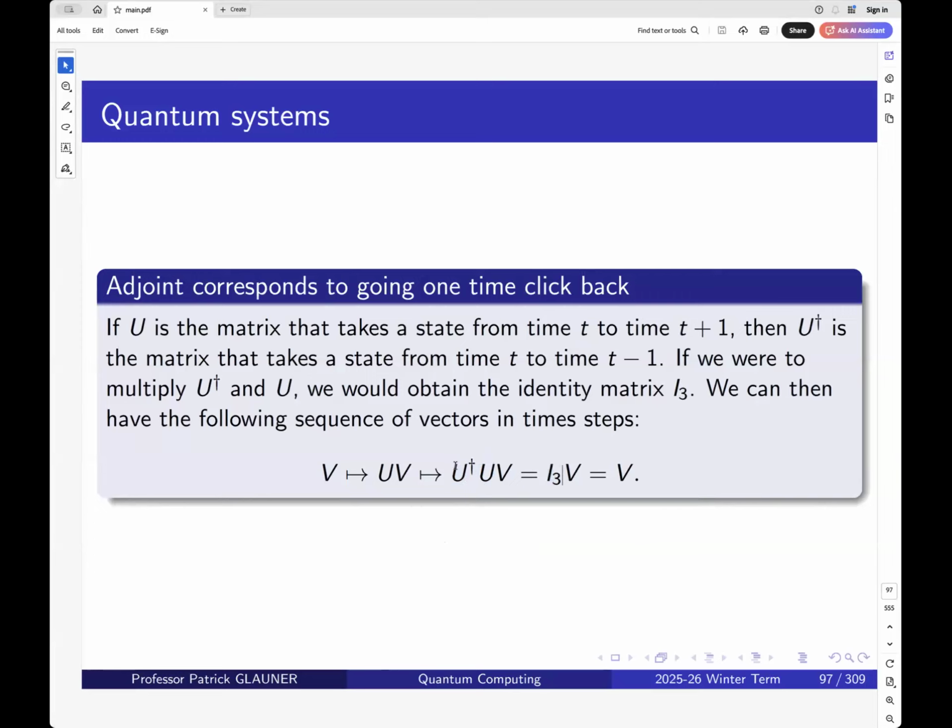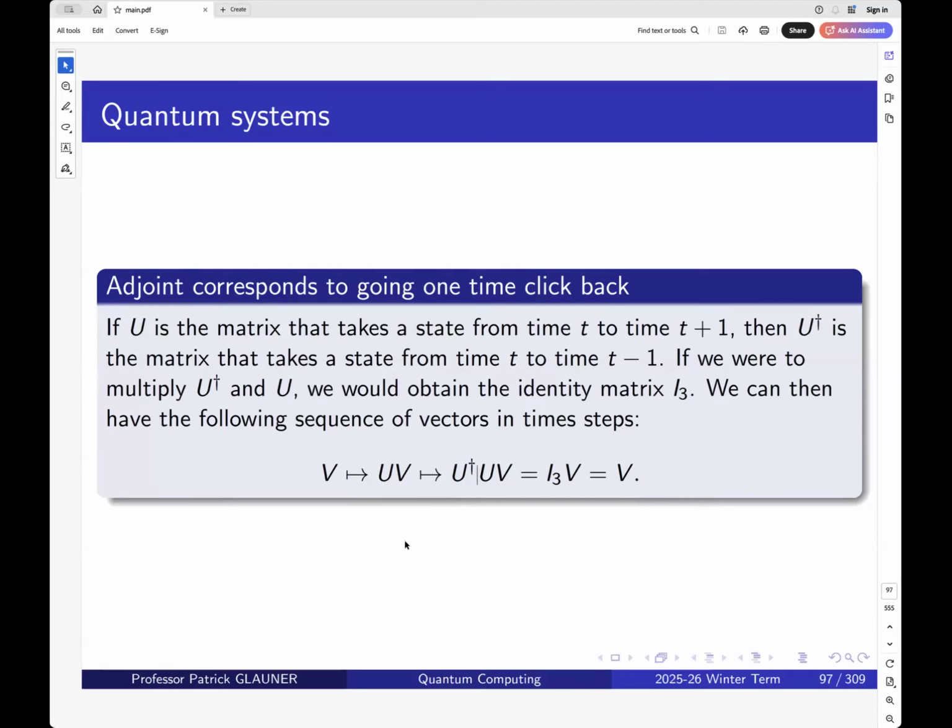So we can go back in time using the adjoint, the U dagger. While we used the transpose before for probabilistic systems, here for quantum systems, we use the adjoint.